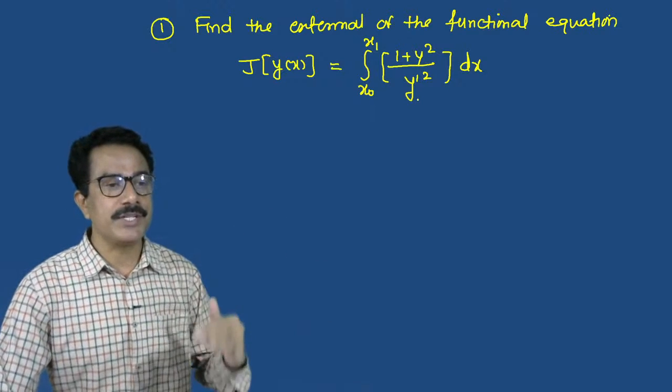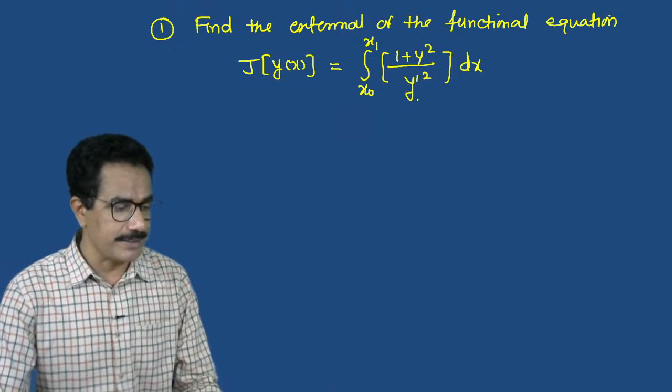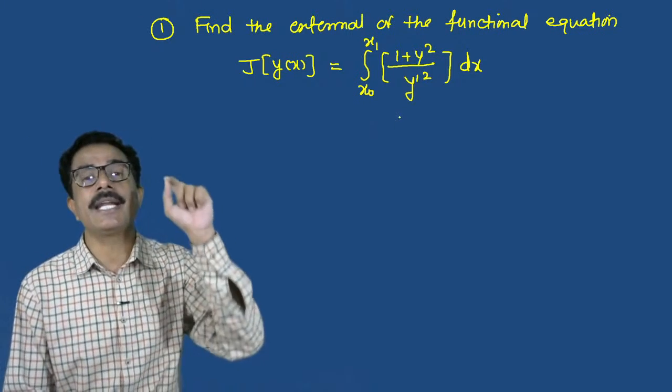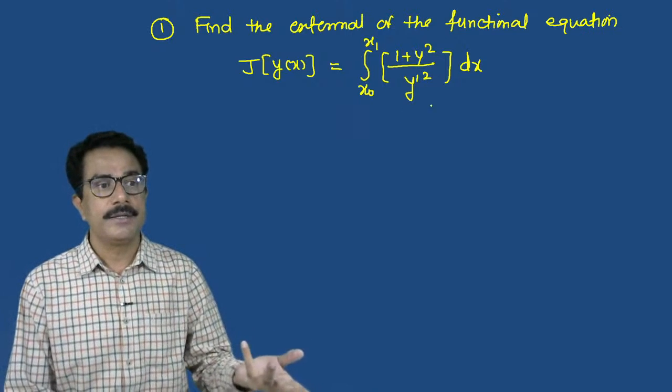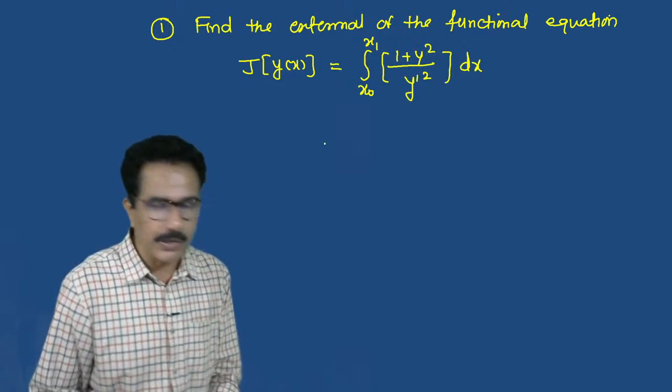Again y is a function of x, x0 to x1 means y is a function of x. So we have to calculate here y and y dash are the functions of x because the integration is with respect to x. Now we can solve this.